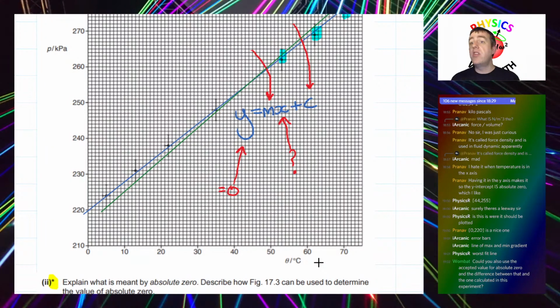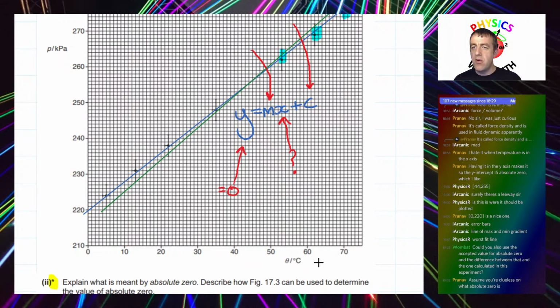You work with the data you've got, you get a number, you get the range that number can take. So you get the value at its mean value, and in this case, the mean absolute zero, and the error in that absolute zero, and then you compare it to what theory predicts or what a reference you've looked up predicts to see if it's within that range.